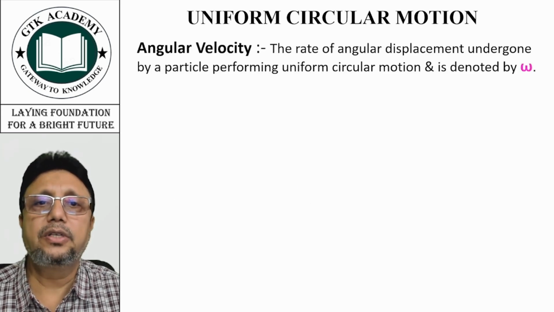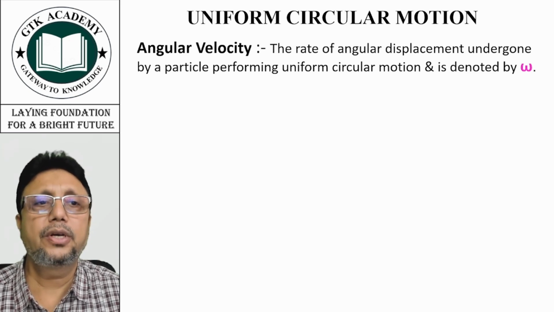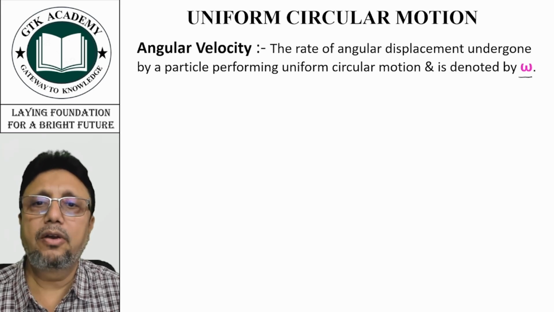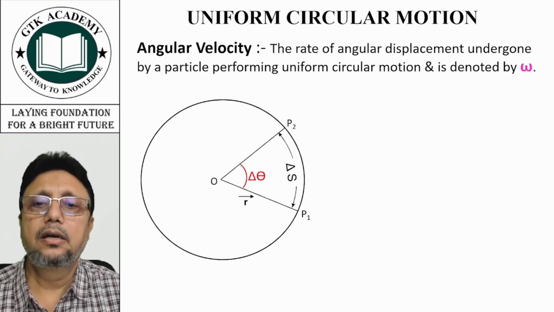Now angular velocity, the rate of angular displacement undergone by a particle performing uniform circular motion, is denoted by omega. Angular velocity, that means angular displacement upon time taken, is called angular velocity. Take the same case.